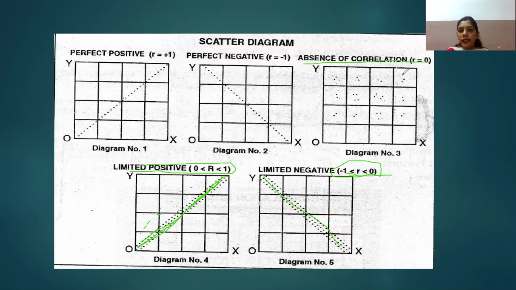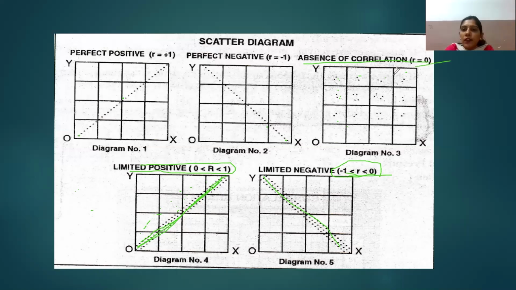They are very far from each other, and they do not create any specific pattern. They are not upwards, they are not downwards or in falling condition. So in this case, the correlation is absent and the value of R is 0.